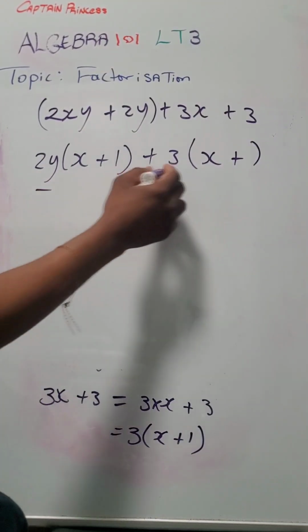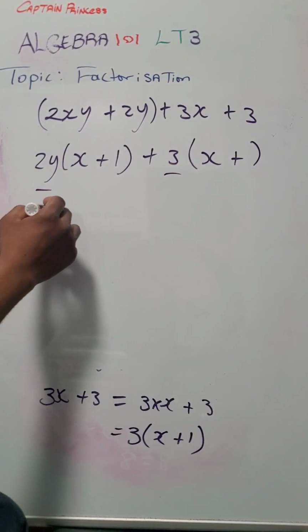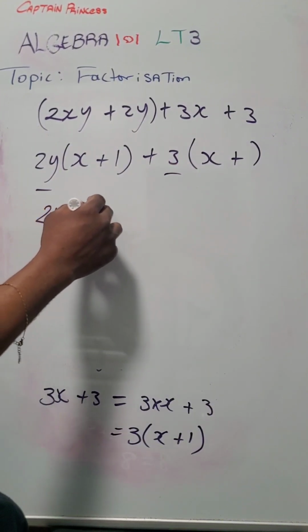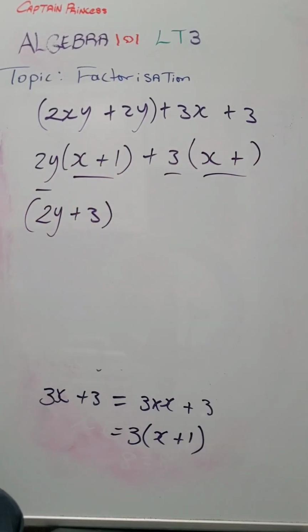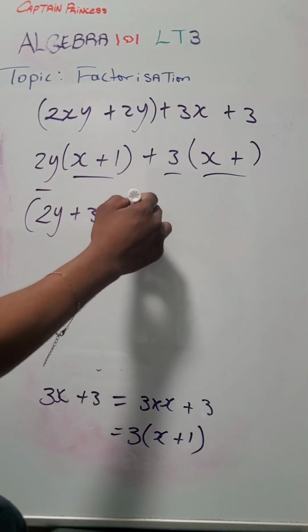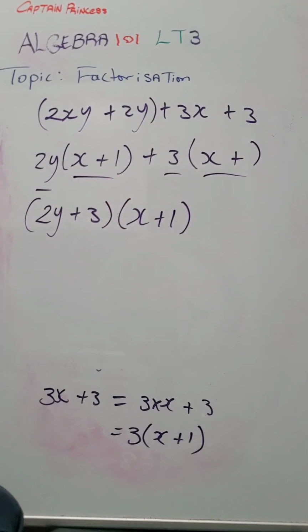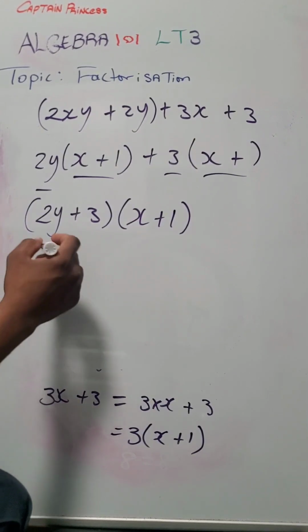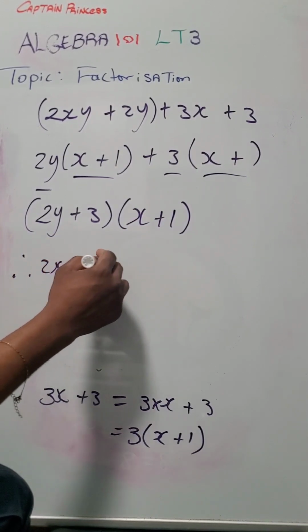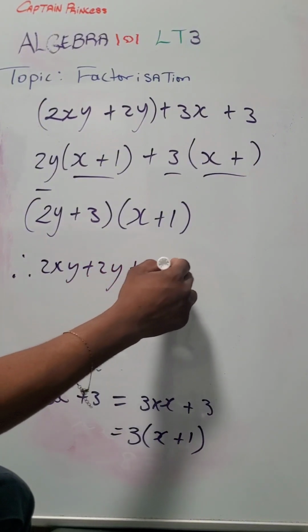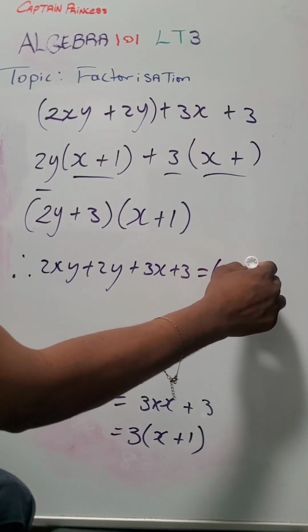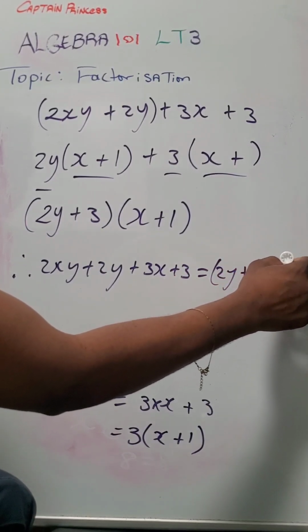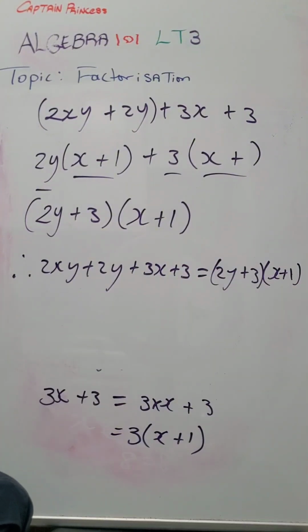And then these two terms, which are on the outside of the brackets, we can place in one bracket by itself. Whenever you're doing factoring, whatever terms repeat, you can just write them back once. So therefore, 2xy plus 2y plus 3x plus 3 is (2y plus 3)(x plus 1). That is the factorization for an expression of that form.